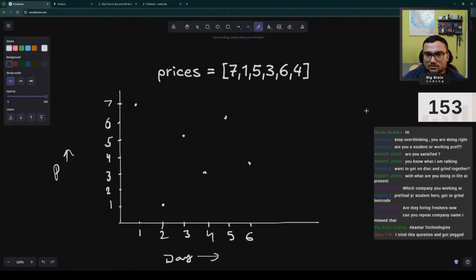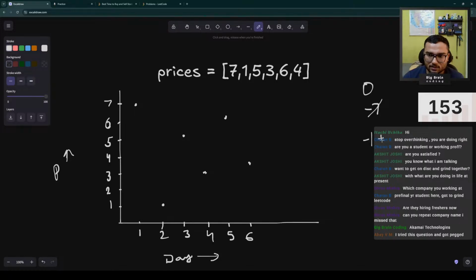I think I have to keep track of... I start with 0, right? When I buy at 7, I am minus 7 in the bank. Then I see on the second day the price has gone to 1. So I can minimize my losses here. So I will discard -7 and keep -1. Then I see a 5 here.